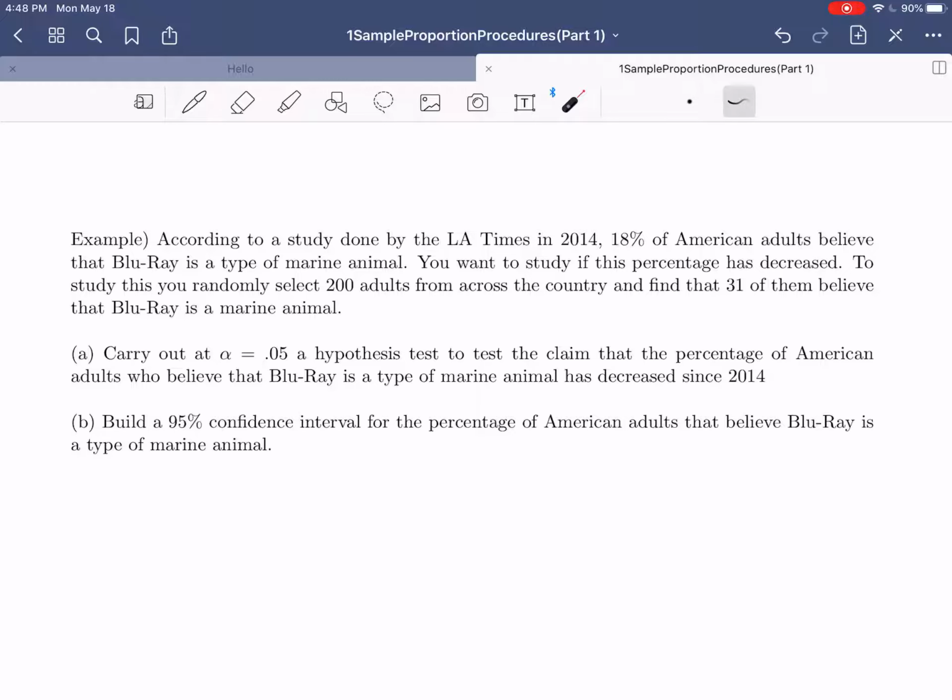According to a study done by the LA Times in 2014, 18% of American adults believe that Blu-ray is a type of marine animal. So 18% of American adults, when asked this question, thought that Blu-ray wasn't a DVD or a way of digitally carrying data. Instead, they believed that it was a marine animal. This was a little bit scary.